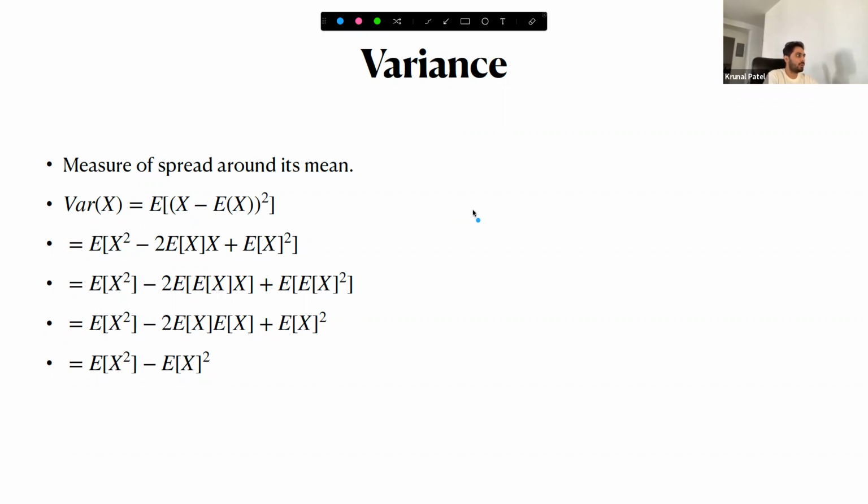So using this, can somebody tell me what is the variance of a constant? Okay, I see a bunch of people replying. This time, all of you are getting it correct.